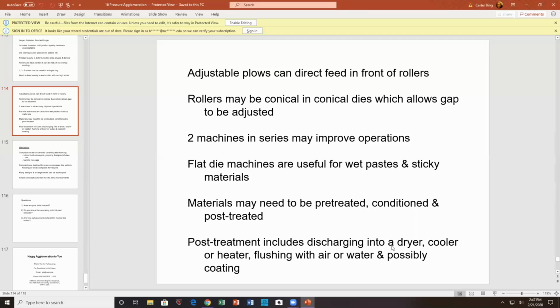Post-treatment often includes discharge to a dryer or cooler, heating, flushing with air or water, possibly coating. By coating, you produce an extrudate that may start to agglomerate on you. So the way you prevent agglomeration is you poison the surface.